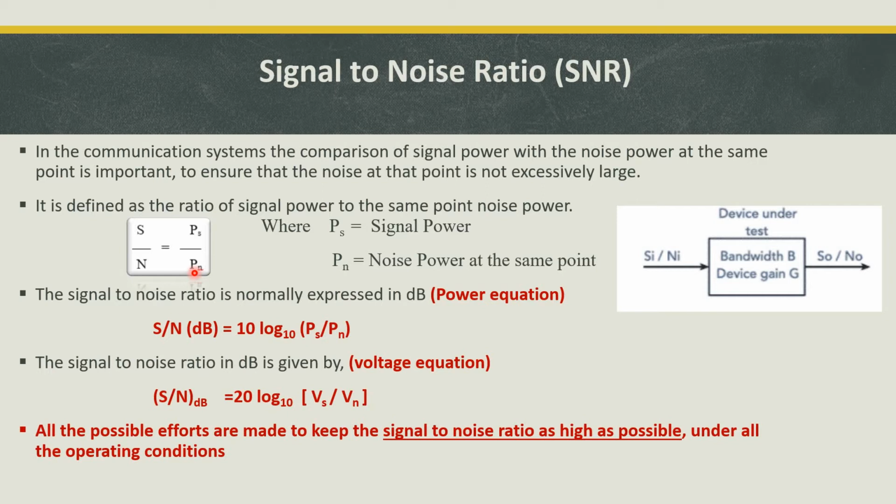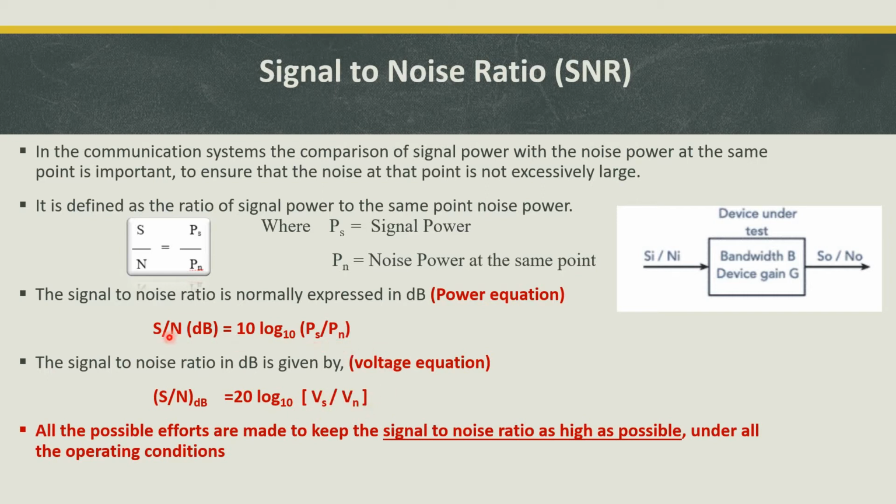If you want to maintain a good communication system, or get a good quality of the signal, at each and every point or block, we have to maintain the highest signal to noise ratio. Signal to noise ratio is normally expressed in dB. There are two equations, one for power and one for voltage.